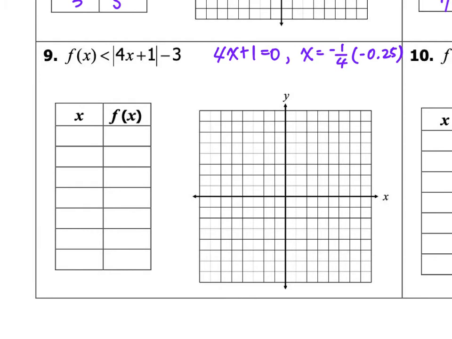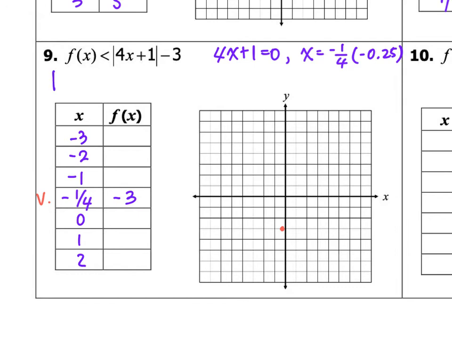So that's the vertex, negative 1 over 4. When x is negative 1/4, y will be negative 3. That's the vertex, negative a quarter, negative 3. It's about right here.